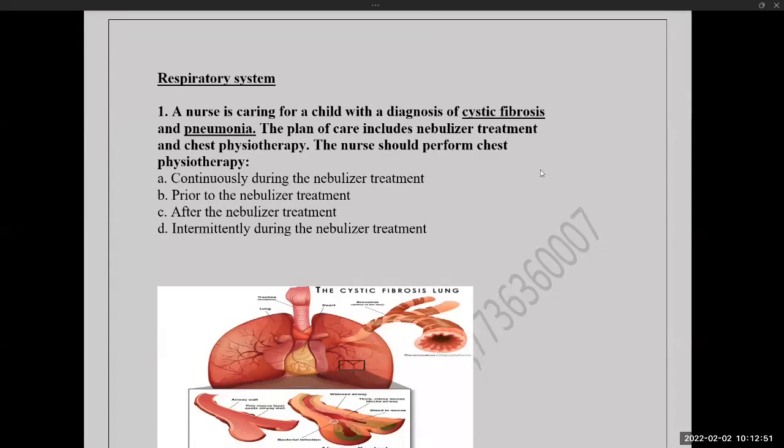If you auscultate, you will also be able to identify the location. But by simply identifying the signs and symptoms, you will get a clear picture, almost 70% clear about the position, by looking at the color of the sputum.